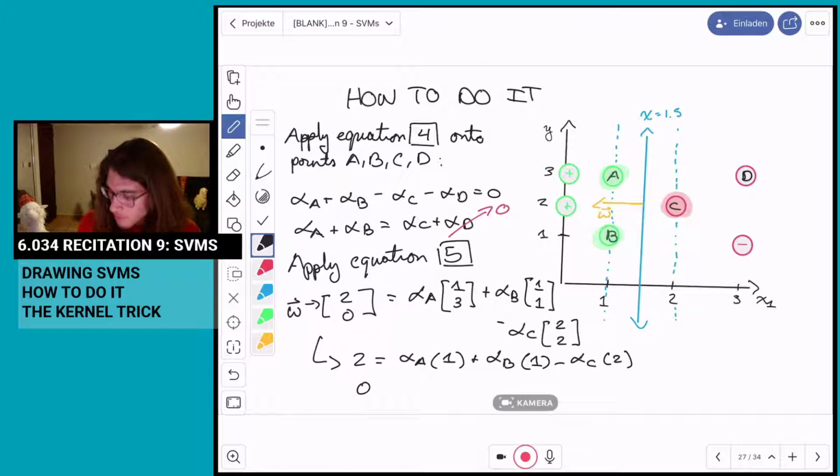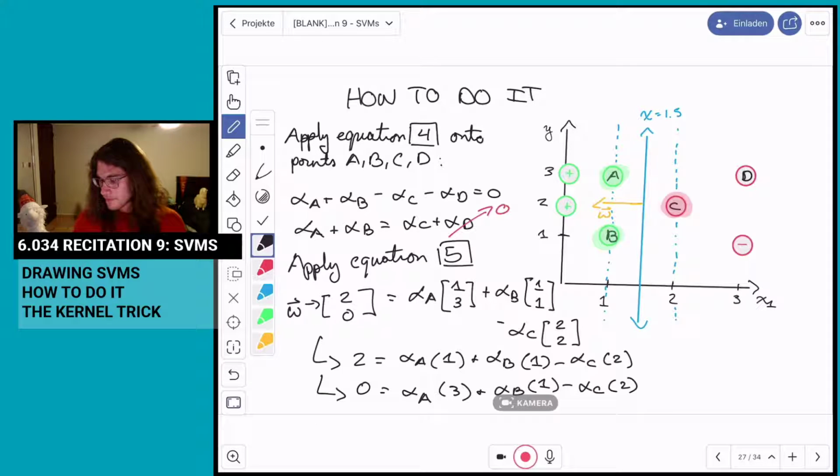And now the bottom row, alpha A times 3 plus alpha B times 1 minus alpha C times 2. So I have 3 equations.